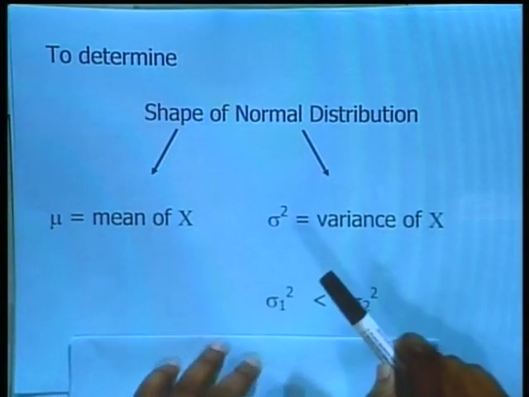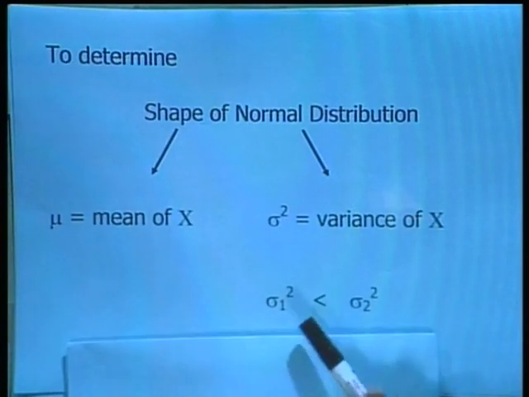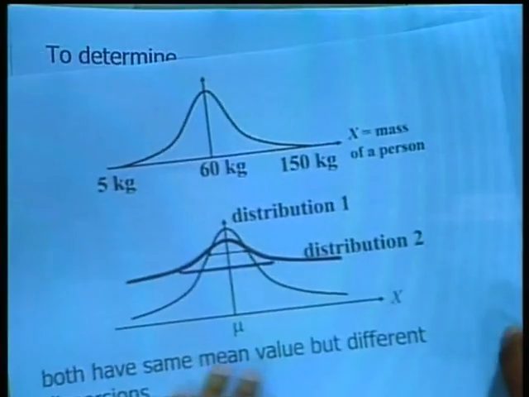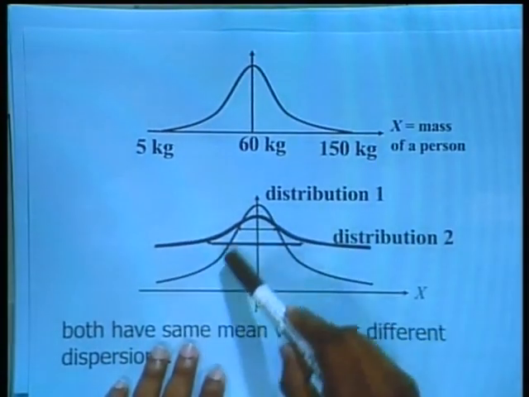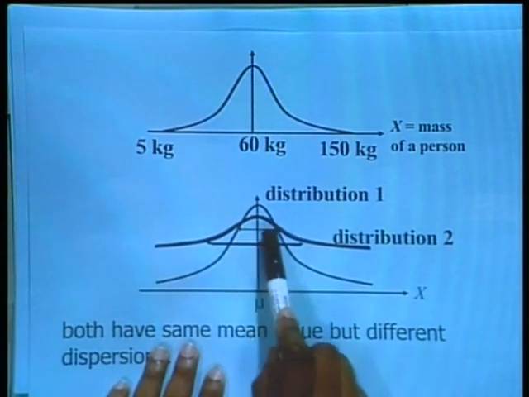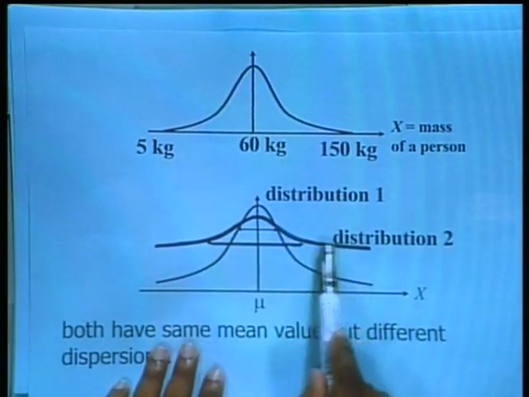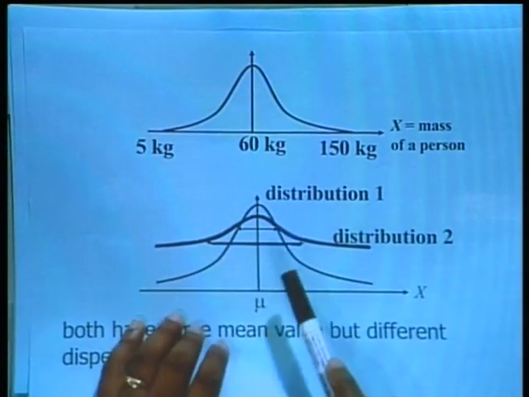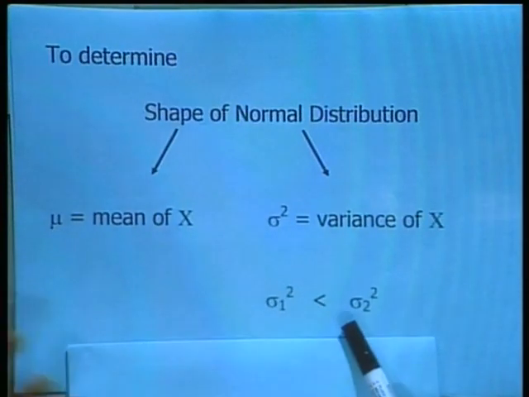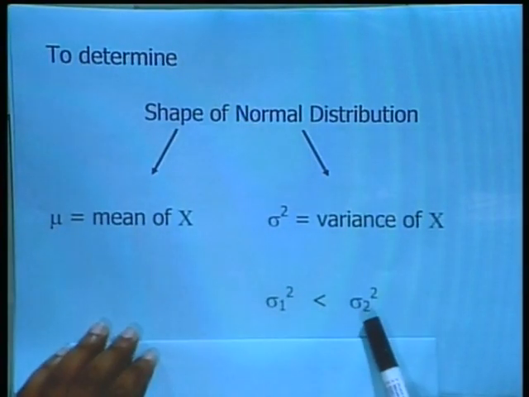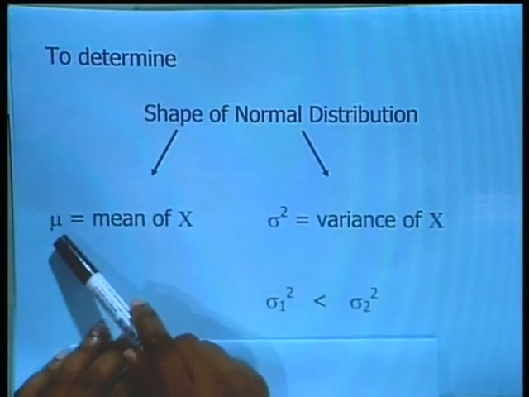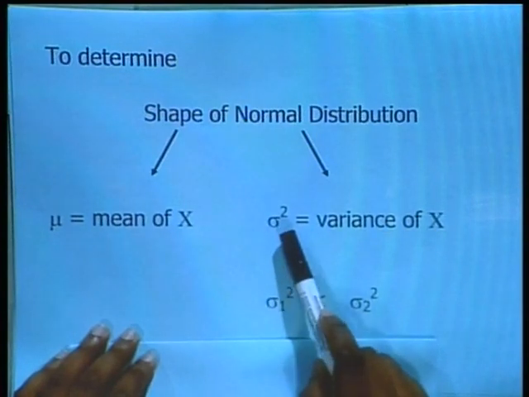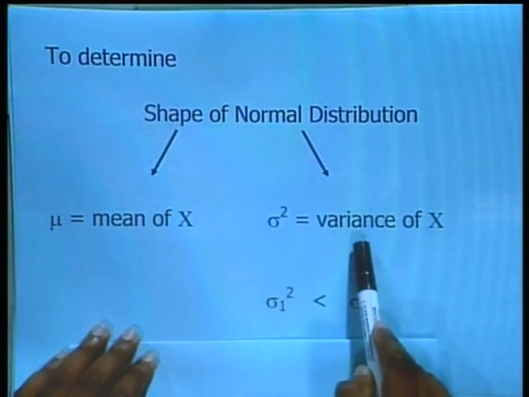For the previous example, the variance of the first distribution is less than the variance of the second distribution, since the spread in distribution 1 was smaller compared to distribution 2. We use the symbol mu to represent the mean of x and the symbol sigma squared to represent the variance of x.